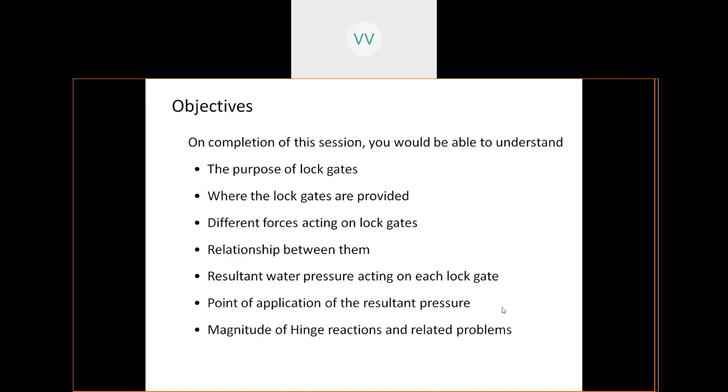Then the location and magnitude of hinge reactions and the related problems. In one sample problem we are going to see how to apply the lock gate solution to a numerical problem. So now let us go into details of the lock gates.